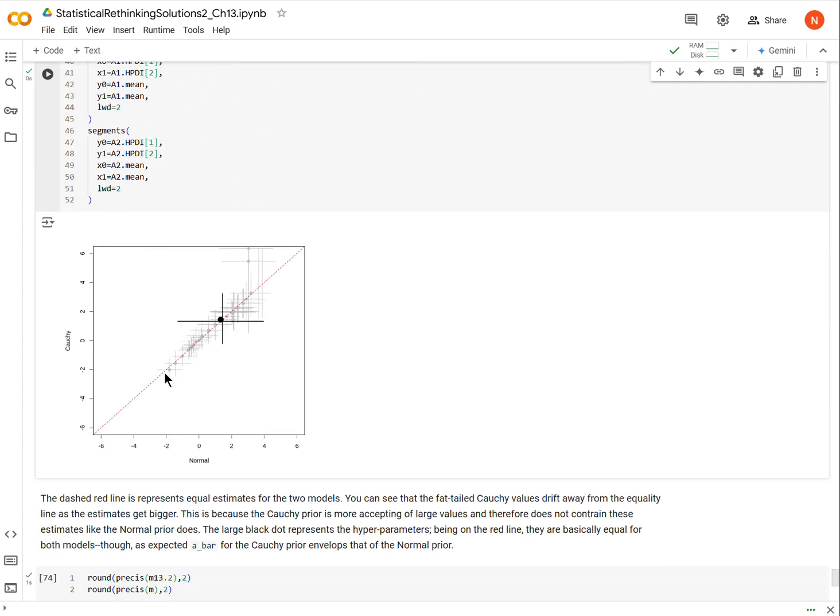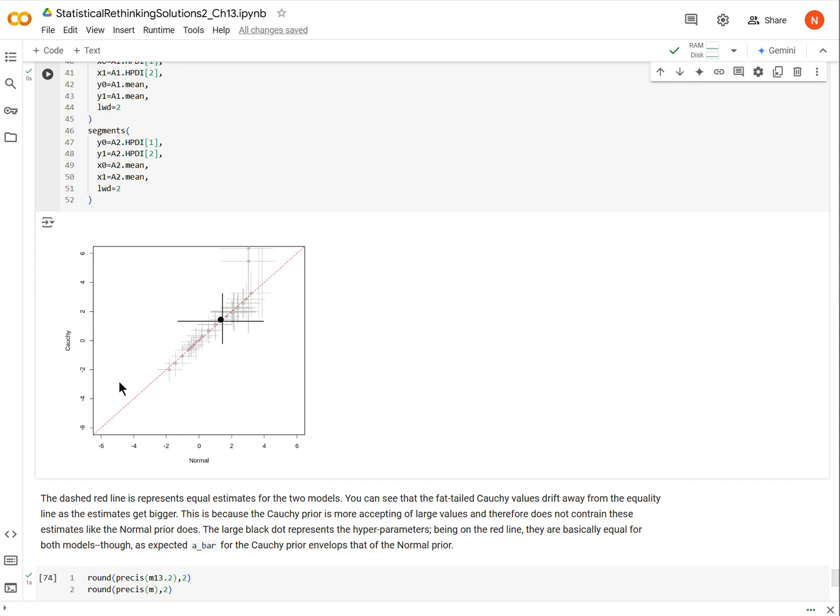Okay, so here we have every gray dot representing one tank, and its position on the x-axis represents its estimate for the normal prior, and its position on the y-axis represents its estimate for the Cauchy prior. The red dashed line here represents equality between the two.